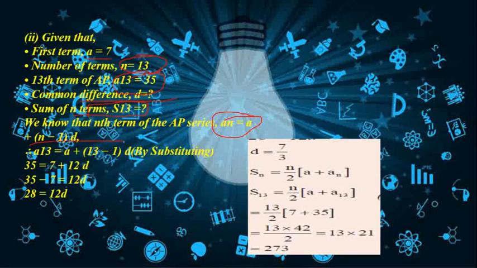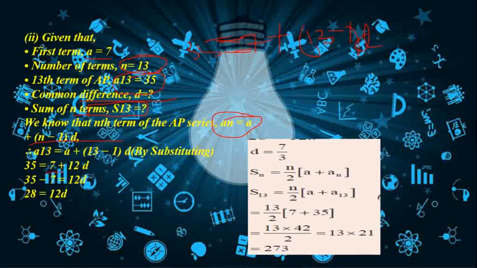Now substitute these values. That is 7 plus n, that is 13 minus 1, into d, which is unknown, and an is 35. Now transpose 7.